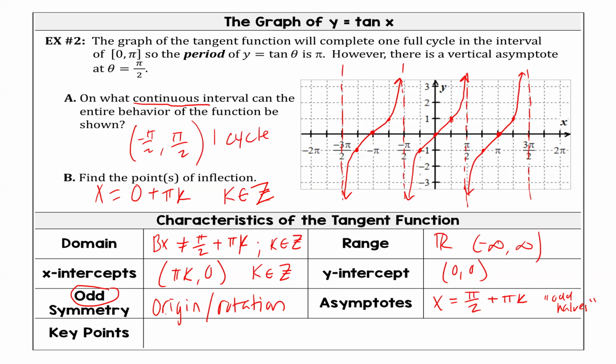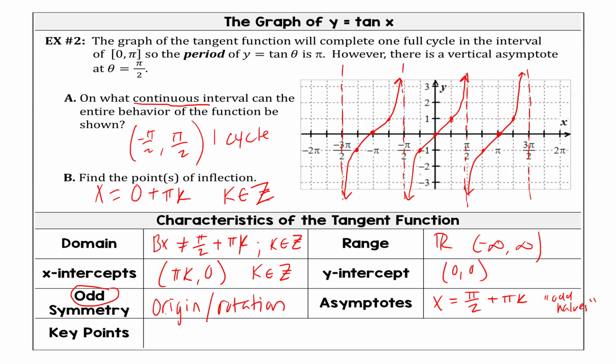Now we're going to think about the pattern that helps us remember our graph. With sine we have intercept, max, intercept, min, intercept. With cosine, we have max, intercept, min, intercept, max.